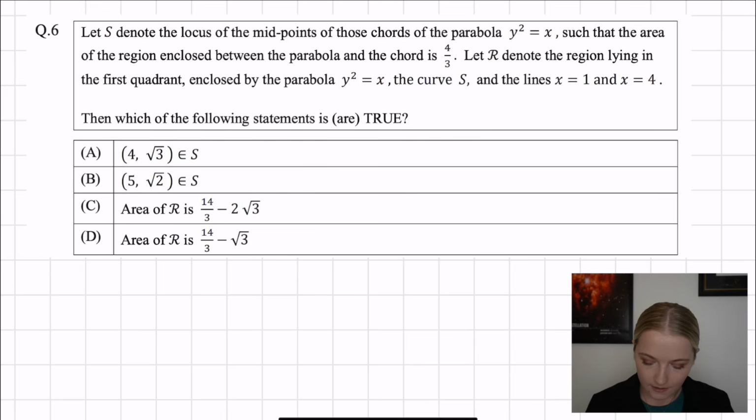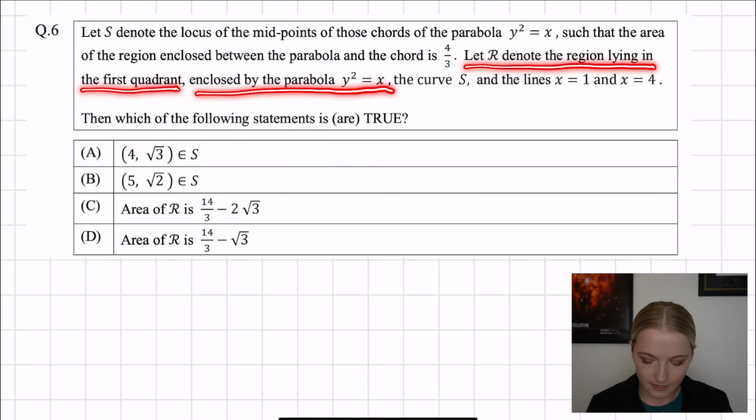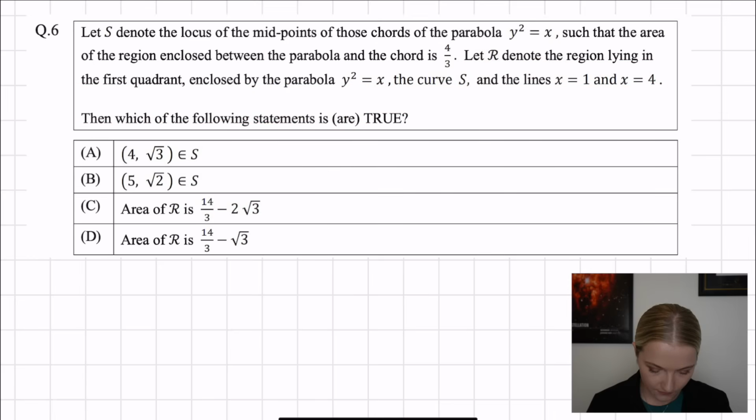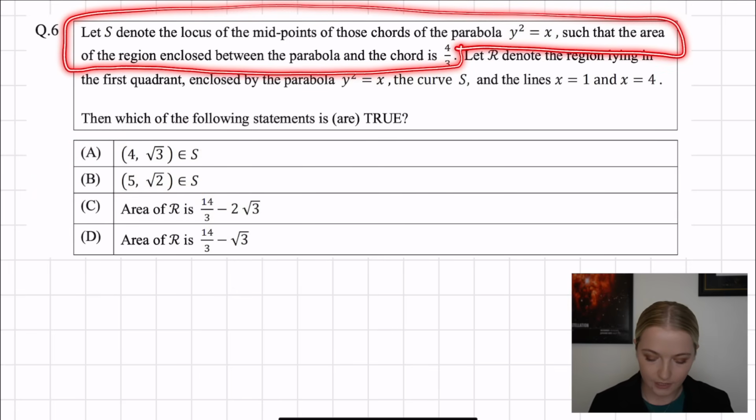And then it says, let R denote the region lying in the first quadrant enclosed by the parabola y squared equals x, the curve S and the lines x equals 1 and x equals 4. Which of the following statements are true? And so we have, okay, well, which of these belong in S, and then the area. So I guess we can deduce A or B from this first part of the question. So we're going to focus on that initially.